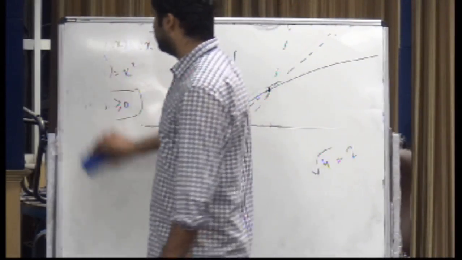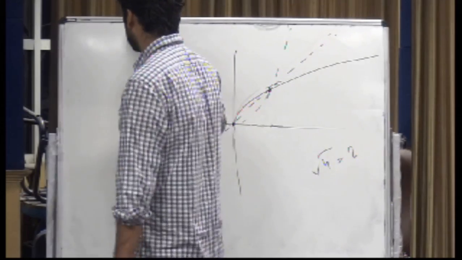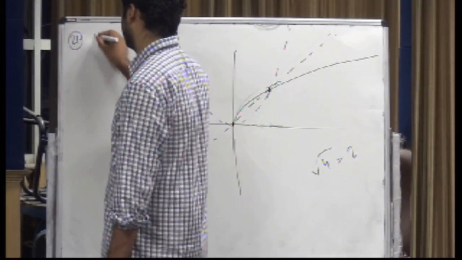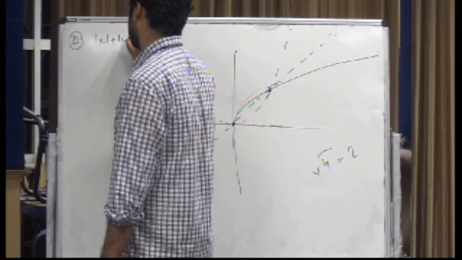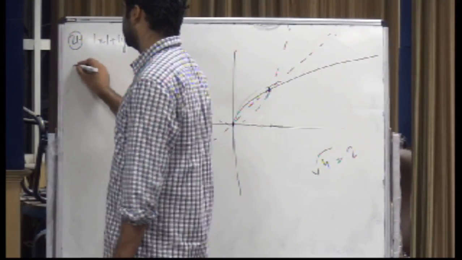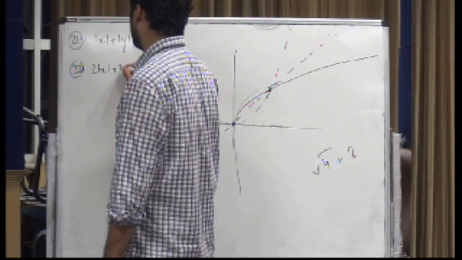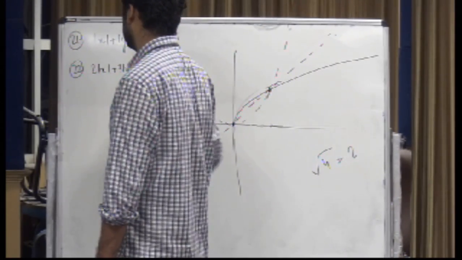Next is 21st, mod x plus mod y is equal to 1. And the next one is 2 mod x plus 3 mod y is equal to 1. Can you make these graphs?